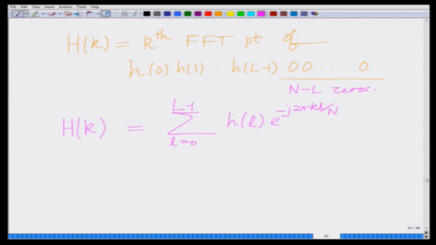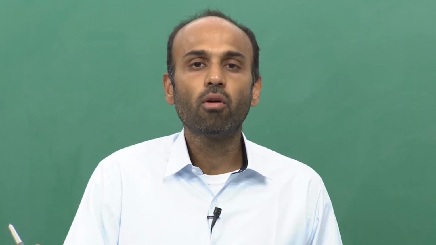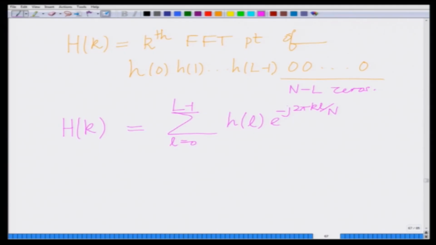The rest are zeros, therefore the kth FFT point is simply given as summation small l equal to 0 to capital L minus 1 of h of small l e to the power of minus j 2 pi k l divided by N. That is the expression for the kth FFT point.